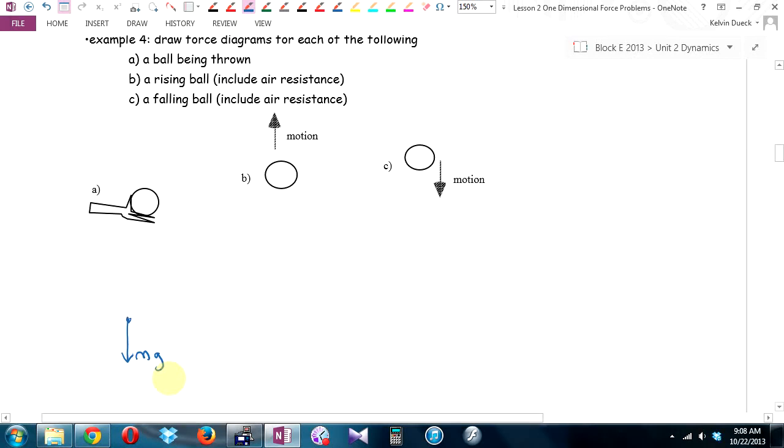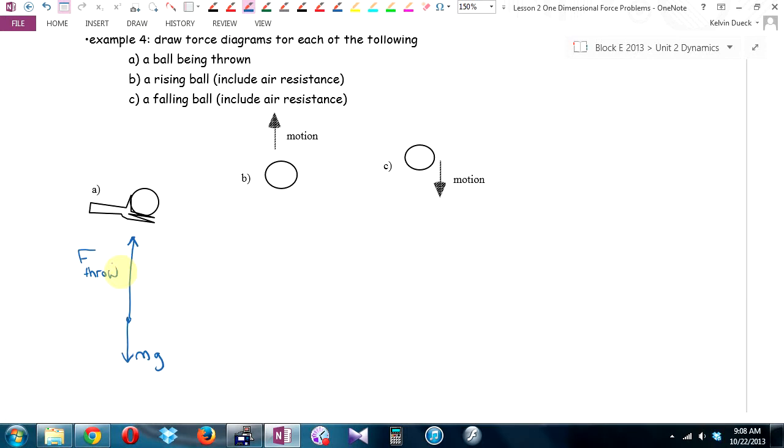So there has to be a bigger unbalanced force up. I'll call that F throw. You could call that perhaps some kind of a normal force because it's a surface, but I like to think of a normal force as coming from an inanimate, dead surface, and as far as I know, I'm still alive. So I'll call it F throw.